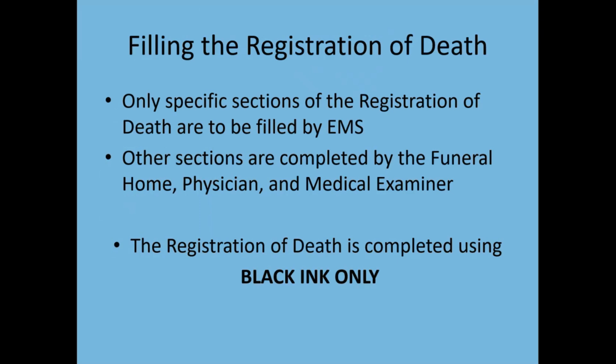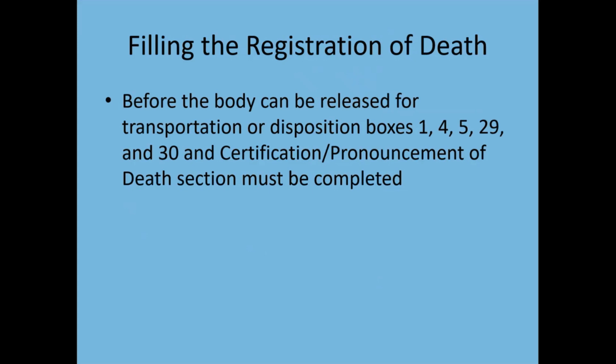Only specific sections of the registration of death are to be filled out by EMS. Other sections are completed by the funeral home, physician, or medical examiner. The registration of death is completed using black pen only. Before the body can be released for transportation or disposition, boxes 1, 4, 5, 29, and 30, and the certification pronouncement of death section must be completed.